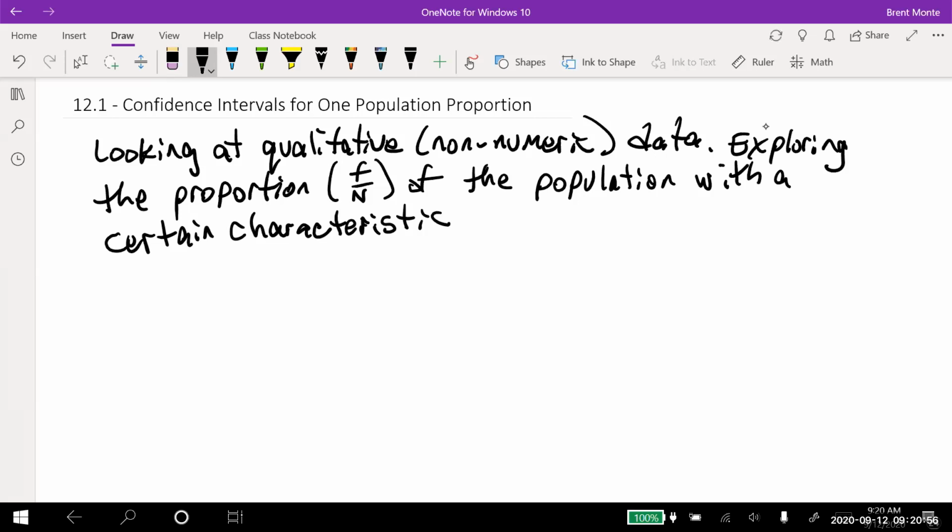All right, so that's the main idea we're looking at here. We're not looking at X bar. That's the big key here, we're looking at a proportion, not a mean.